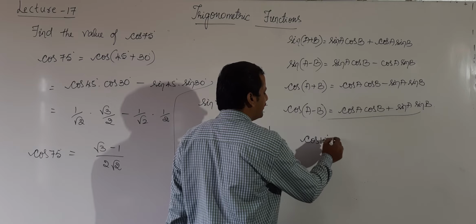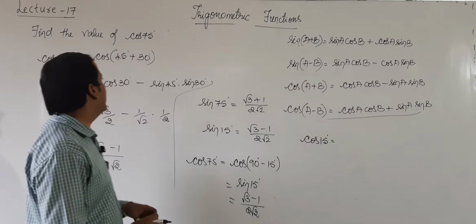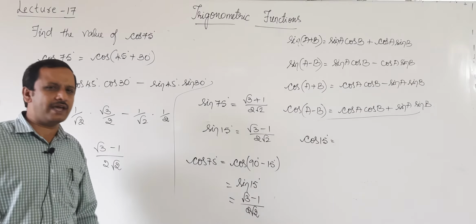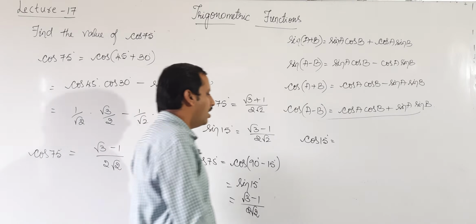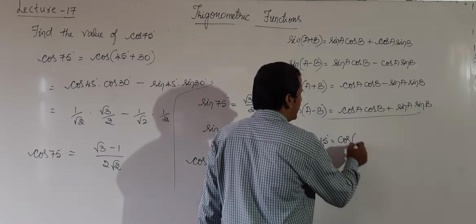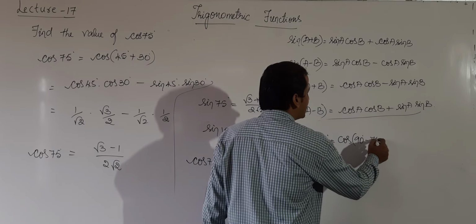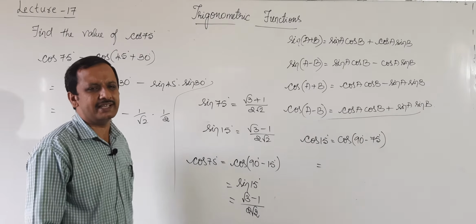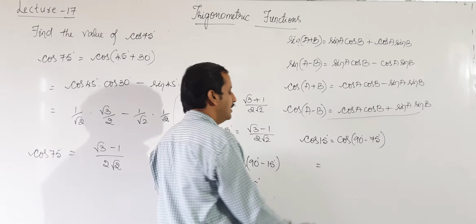Cos 15 degree, that value again we can write it as 45 minus 30 and go in this way. In that way you can obtain that answer. Or you can write 15 degree as 90 degree minus 75 degree. So this looks like cos 90 minus theta. Cos 90 minus theta is equal to sin theta.